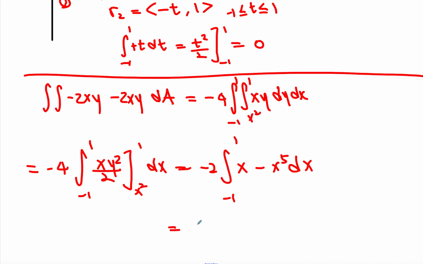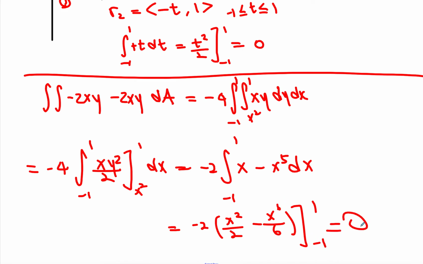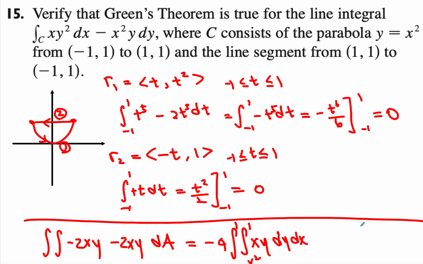When you integrate this one, we get -2 x squared over 2 minus x to the 6th over 6. That goes from -1 to 1. Whether you plug in 1 or -1, because of the even exponent they will be the same value. Hence, we get 0 as the answer. So you can see that it was the same answer in both ways. I guess we just verified that Green's theorem works for this question.